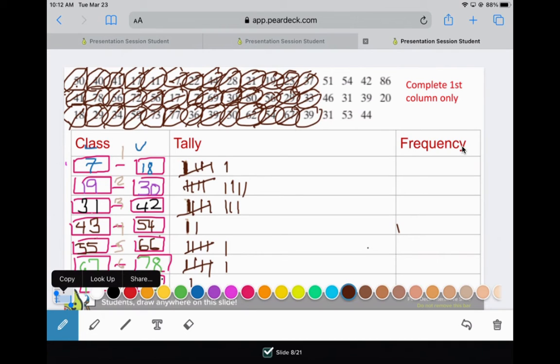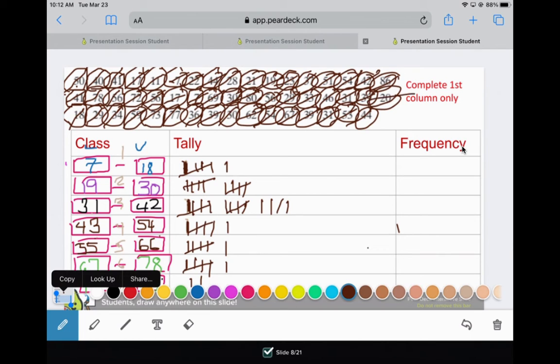But for practice, I want to use that many numbers just so that you have enough practice. 51, 46, almost. 31, class 3 again. 54, class 4. 31, class 3. 53, class 4. 42, class 3. 39, 44, 86 is class 7, and 20, class 2.